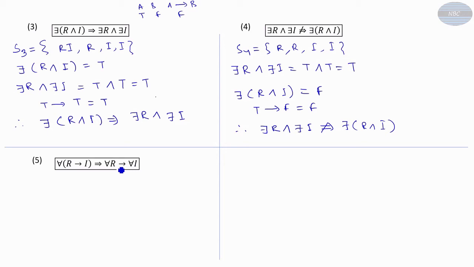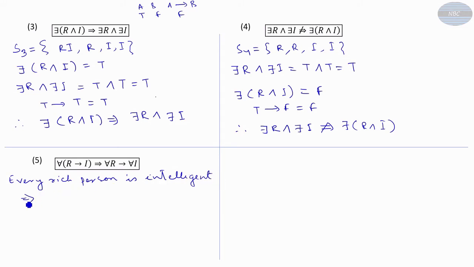Let us write it down. The left hand side means every rich person is intelligent.